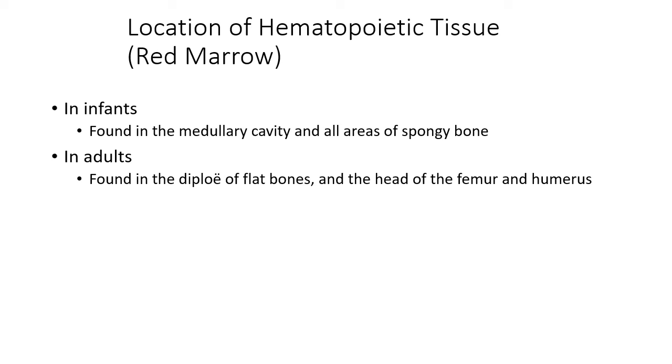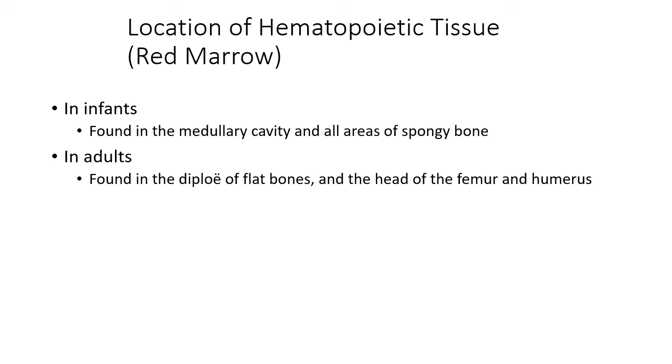So I mentioned before that the medullary cavity of long bones is completely filled with red bone marrow in the growing child, but in adults it becomes filled in with adipose, and so it starts to fill in and become yellow bone marrow in the long bones.